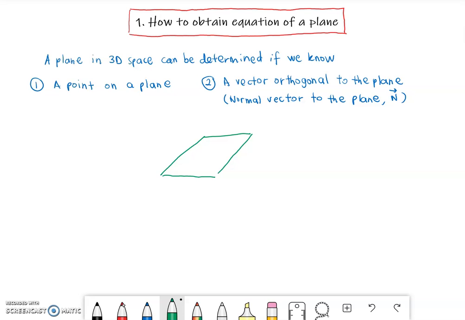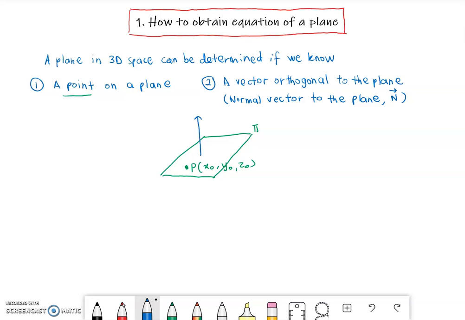Okay, let's say we have a plane here where we denote this plane as pi. And we have a point P where P is x naught, y naught and z naught. So this is the coordinate of P. And then we have another important item, which is a normal vector that is orthogonal to the plane.